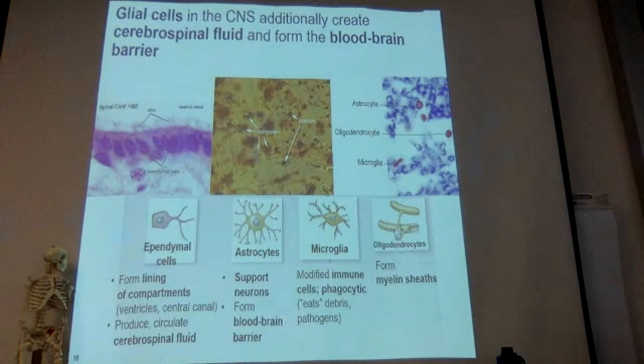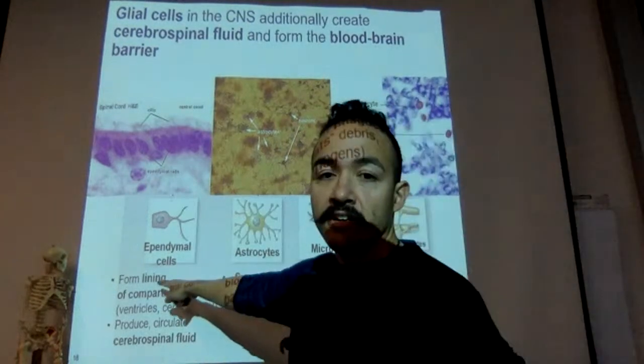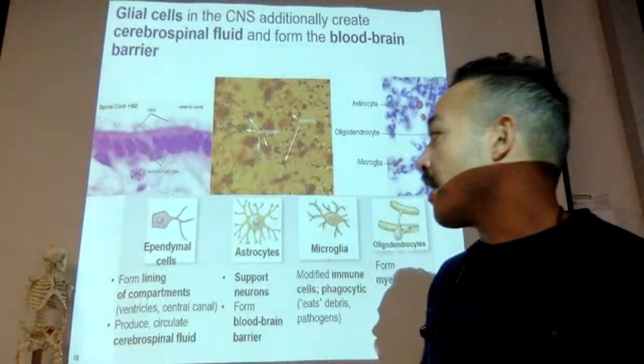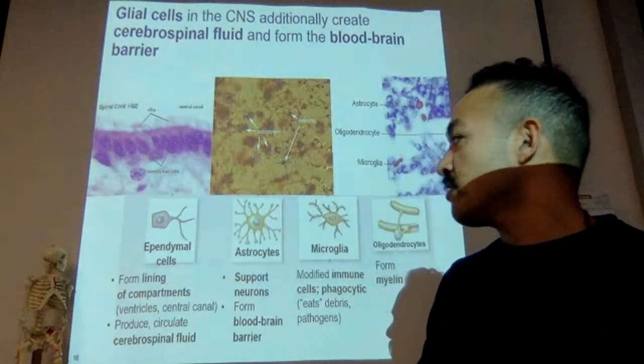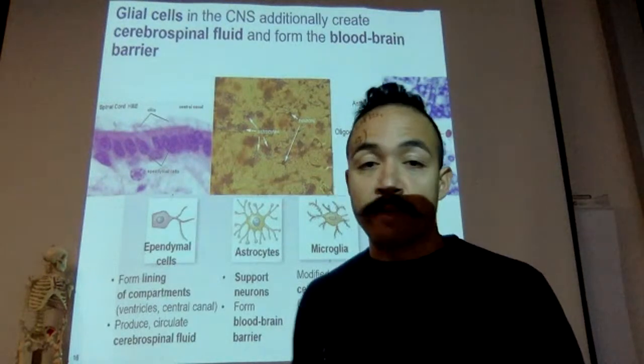If we're in the central nervous system, one of the more straightforward ones to find is this: if you see one lining a space, whether it's a ventricle or a central canal, then that's an ependymal cell. Ependymal cells line the ventricles and central canal, and they produce and circulate cerebrospinal fluid.